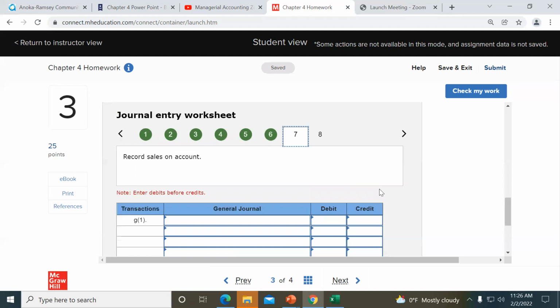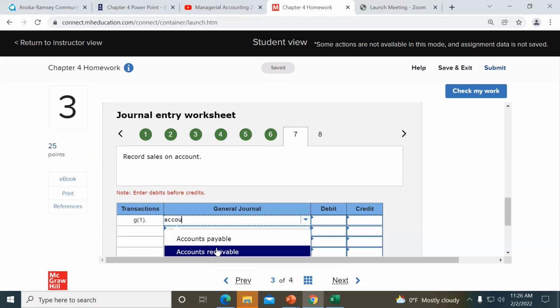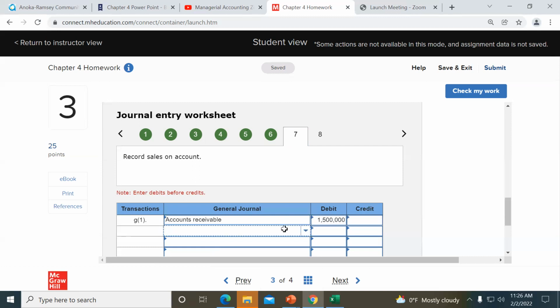Then it tells us to record sales on account, 1,500,000. So accounts receivable, 1.5. And we'll show this as sales.